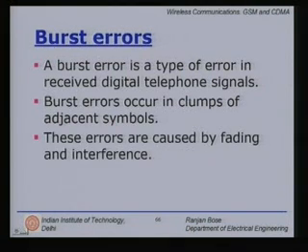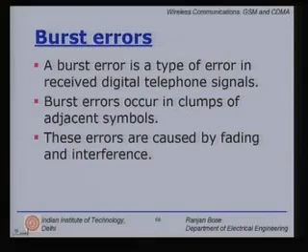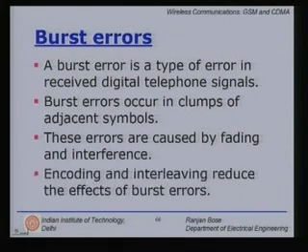These errors are caused by fading and interference. So, suddenly if I move into an area where there is a deep null in the fading profile, I encounter burst errors, or if I move into a region where suddenly there is a lot of interference coming from one of the interfering base stations, I again lose a lot of bits in a sequence. Encoding and interleaving reduce the effects of burst errors. CDMA systems employ strong burst error correcting techniques.